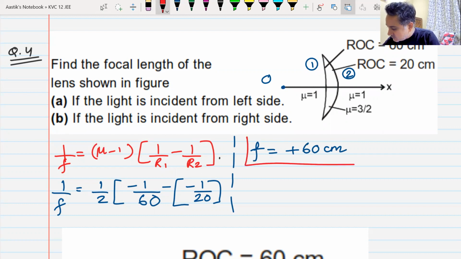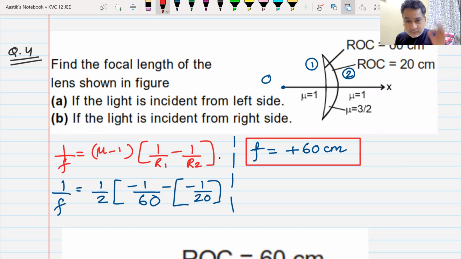Plus 60. This type of lens is known as concavo convex. Do we understand this?